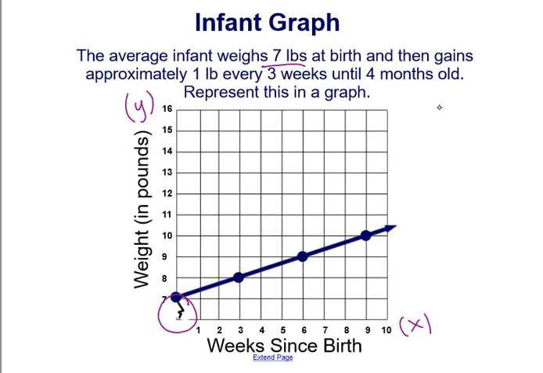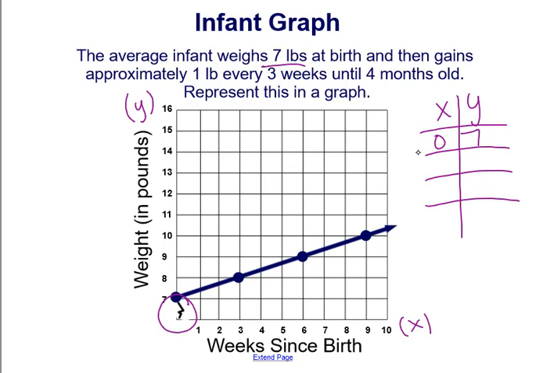Then if we need ordered pairs, we can make a table of values using that starting point of (0, 7). And then we're increasing the weeks by 3. So after the 3rd week, we've gained 1 pound. If we add 1 to 7, that will give us the ordered pair (3, 8). And then after 3 more weeks, so at week 6, you're going to gain 1 more pound.